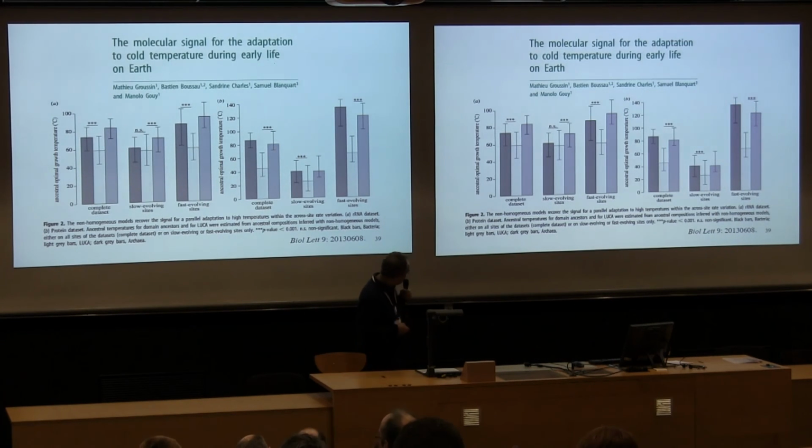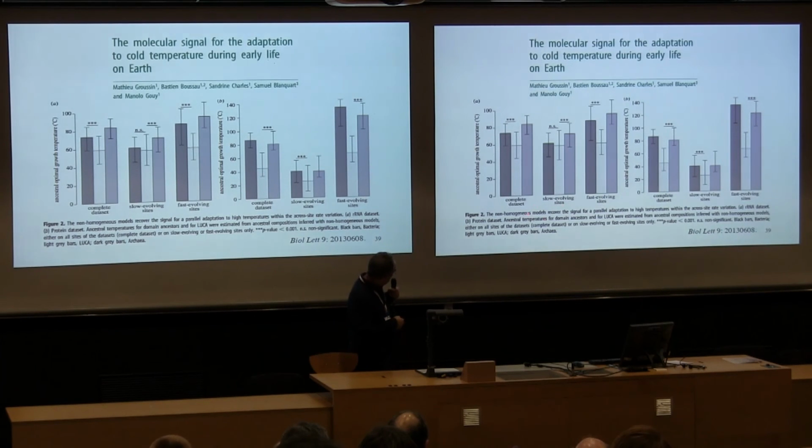Well, it is the fact that a molecule, a protein sequence, or a ribosomal RNA sequence, is made of several hundreds or several thousand sites, and each site evolves at its own rate. So some sites are slowly evolving, some sites are fast evolving, and this is where the modeling we use extracts information able to reconstruct a mesophilic ancestor of two thermophilic descendants.